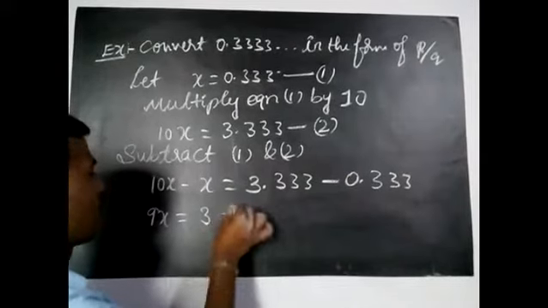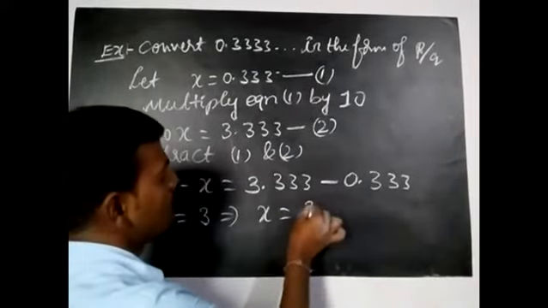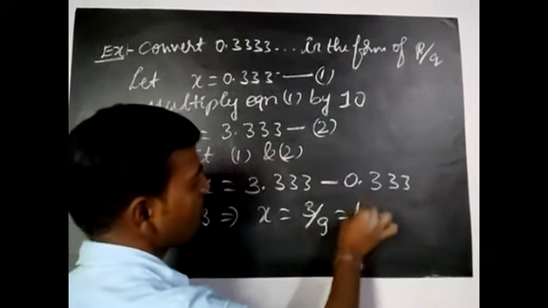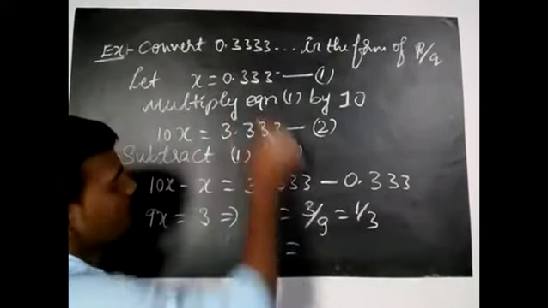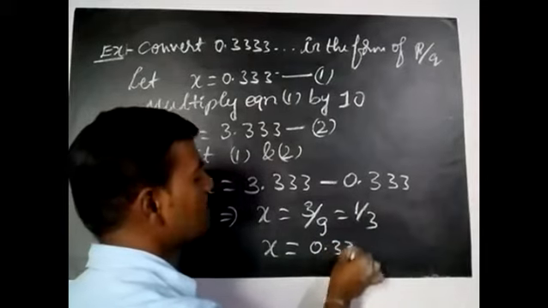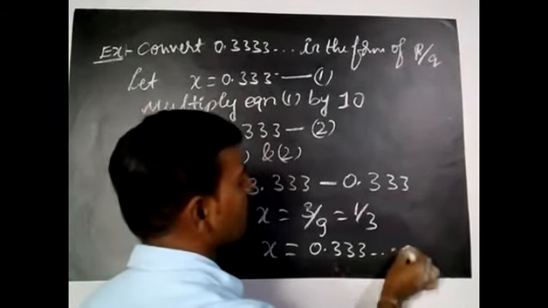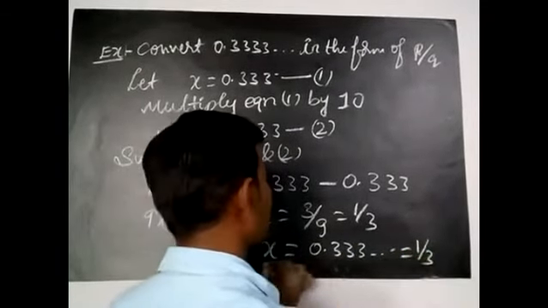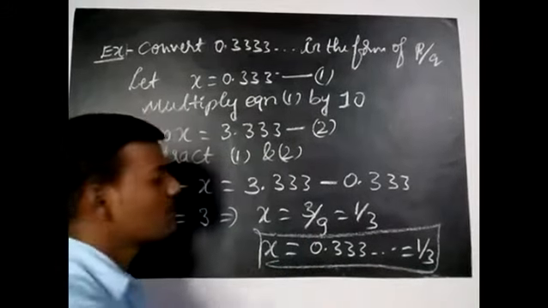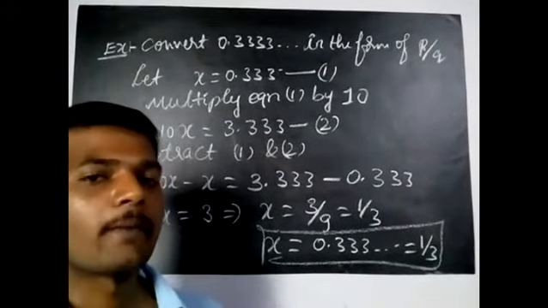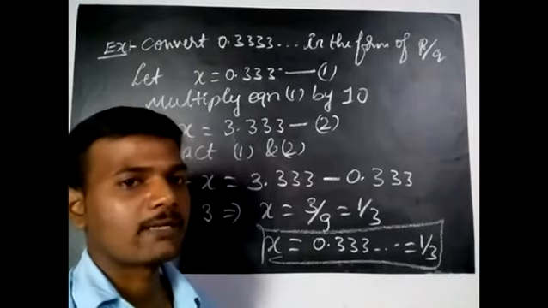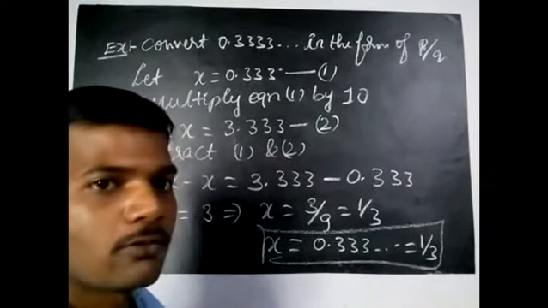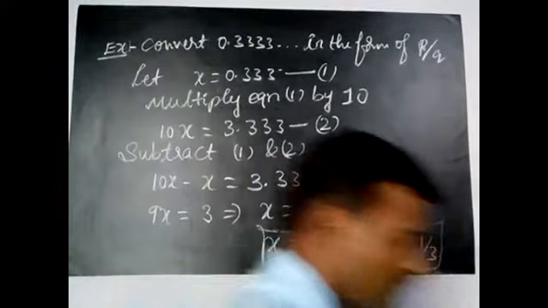Now it becomes x is equal to 3 by 9. 3 by 9 means 1 by 3. So x, which is 0.333, can be converted into 1 by 3. So this is the conversion of a non-terminating recurring decimal expansion into the form of p by q. It is one of the examples.